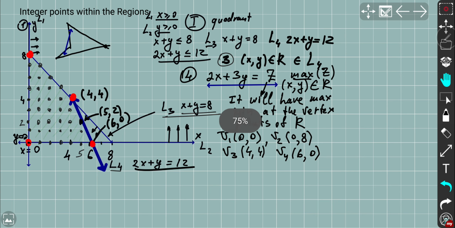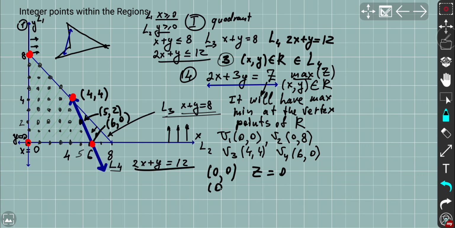So right now we got that here, okay? And we just need to plug all those points to calculate z. Okay, so if we plug 0, 0, obviously z will have 0 value. If we plug 0, 8, we'll get 24.